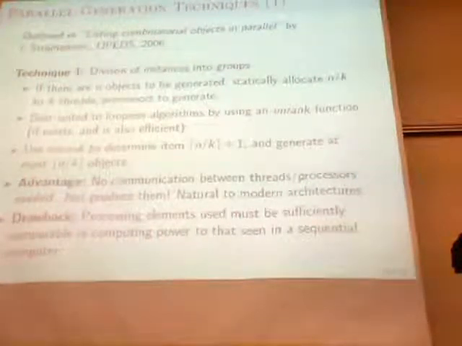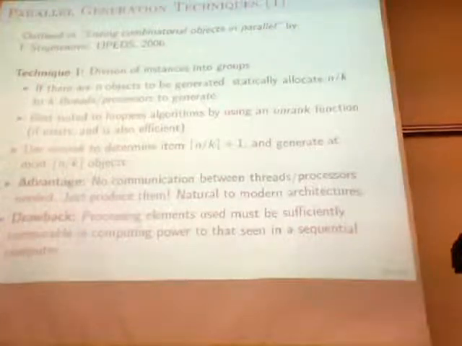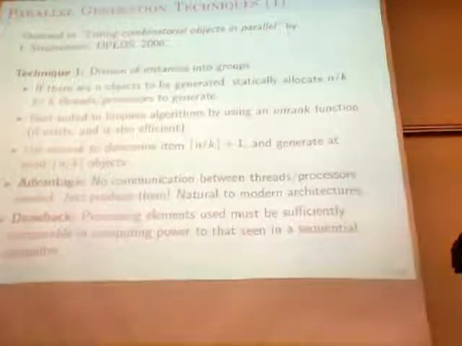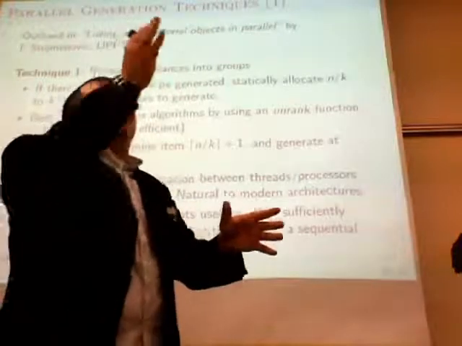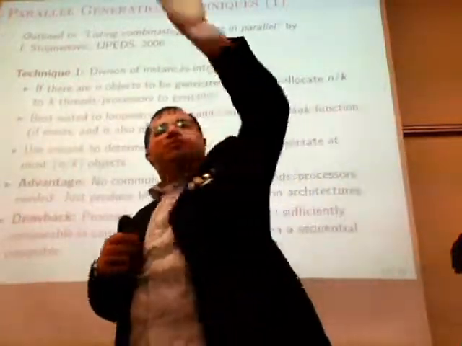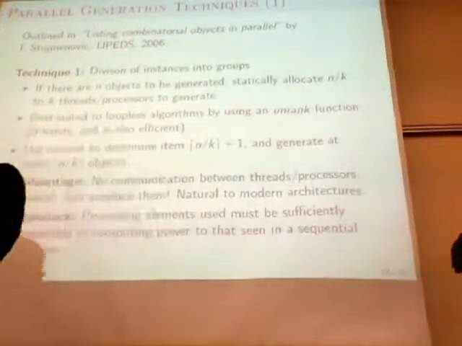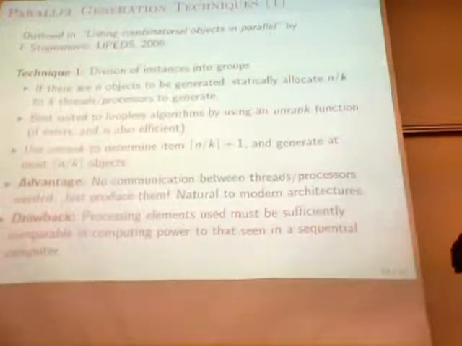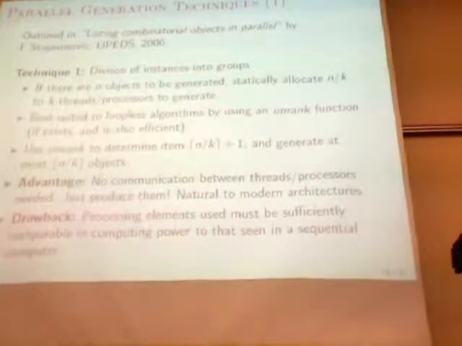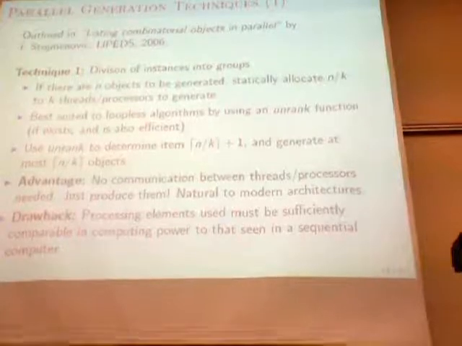The very first technique, which you've probably done before, is where you take your problem, cut it up into pieces, and throw them to each processing element in a load balanced manner. This is probably the easiest way of handling things.